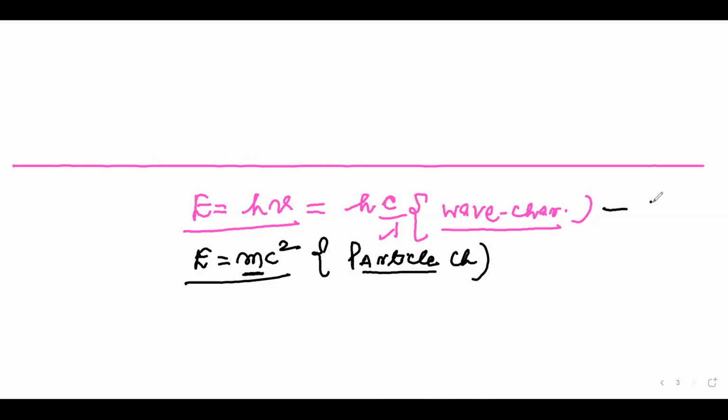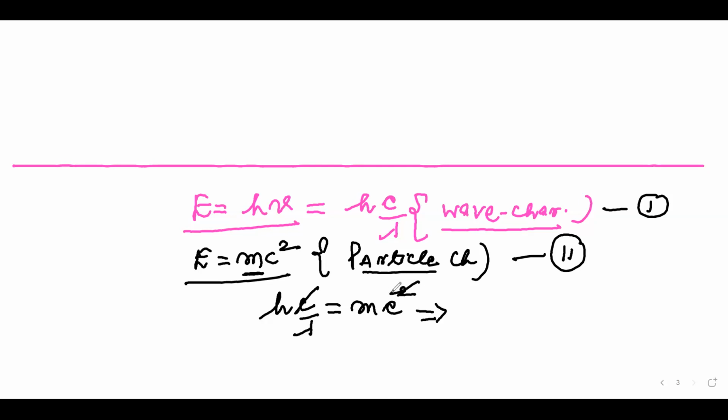If I consider this equation as 1 and this equation as 2, in equations 1 and 2, are their left sides the same? Yes, sir. So their right sides can be equated. It becomes hc by lambda is equal to mc square. One of the c's cancels, and I get lambda is equal to h over mc.